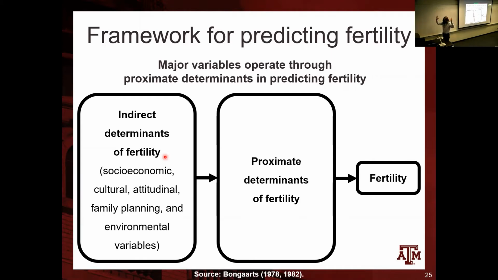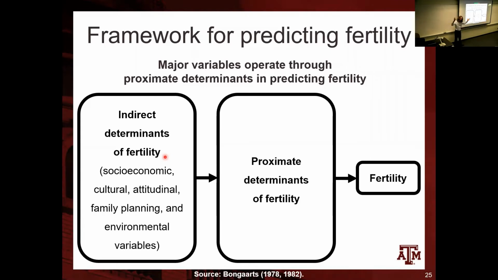But these indirect determinants are important to explain fertility, but in this overall framework proposed by John Bongaarts, the main researcher on fertility in the world, he suggests that these indirect determinants, and not only he suggested that. First, we're going to talk about the demographers that suggested this before, and he kind of built on it.